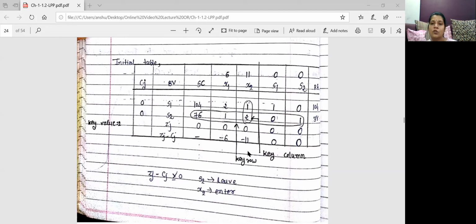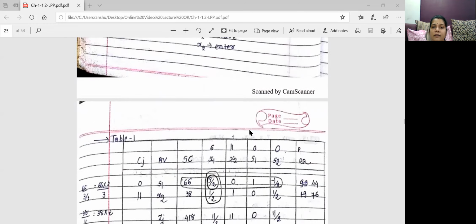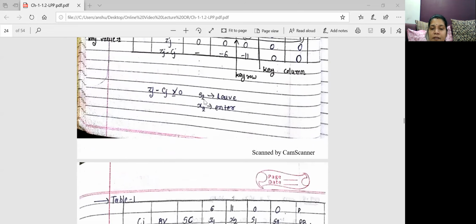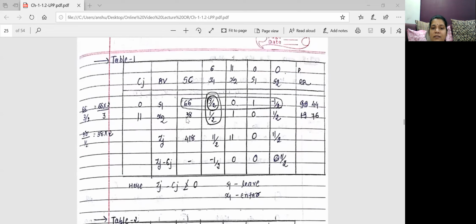Got it? So depending on all these values and using the process, we make table 1. So table 1 is what? CJ, basic variable, solution constant, X1, X2, S1, S2. Okay, so in our previous table, x2 is enter and s2 is leave. Then as s2 is leave, then s2 की जगह हम क्या लिख देंगे? x2.